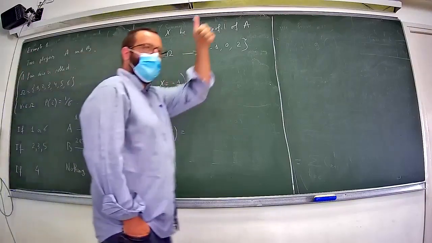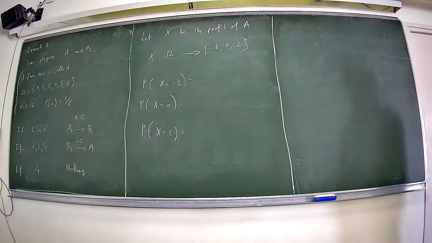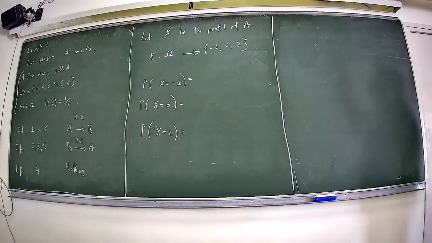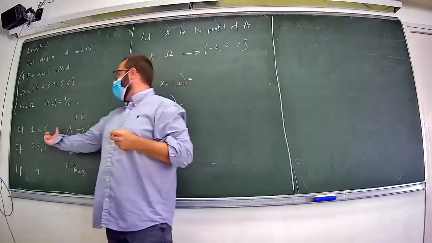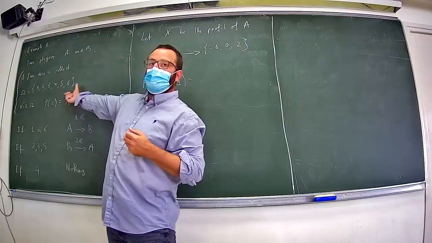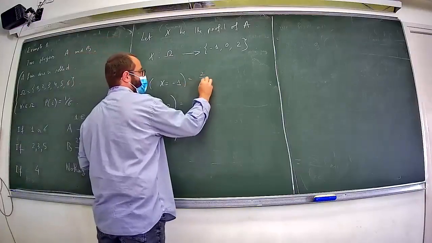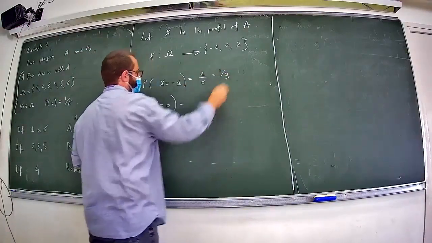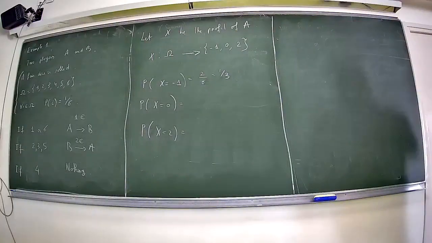Why 36? I roll a dice one time. 2 over 6, yes, I have 2. So I will obtain minus 1 in these two situations over the total number of possibilities, that is 6. So it is 2 over 6, that is 1 over 3. The probability to lose €1 for A is 1 over 3.